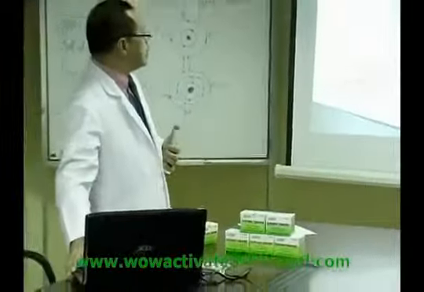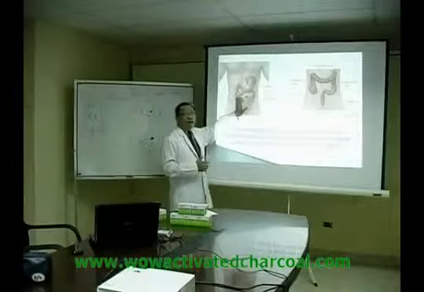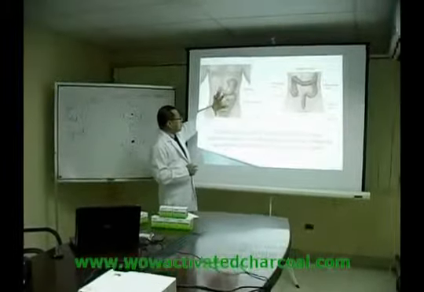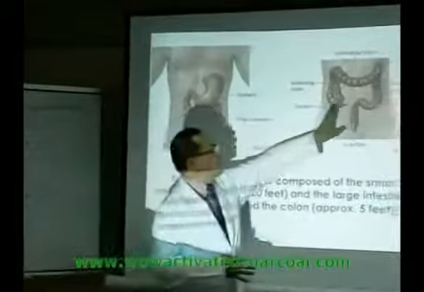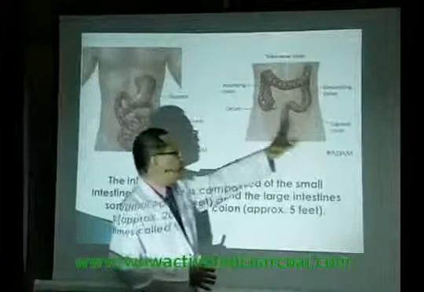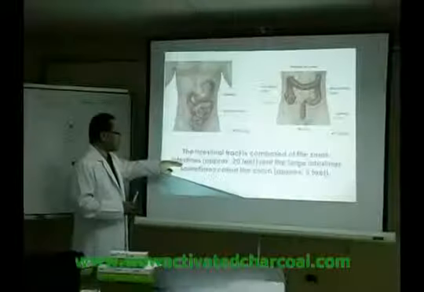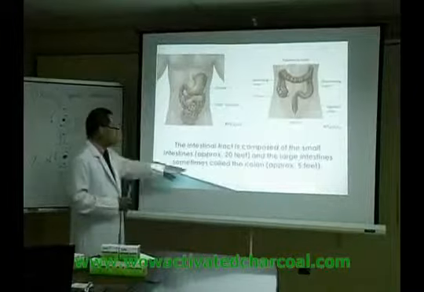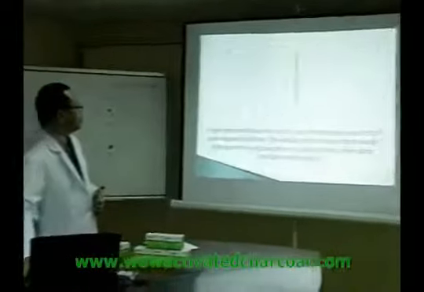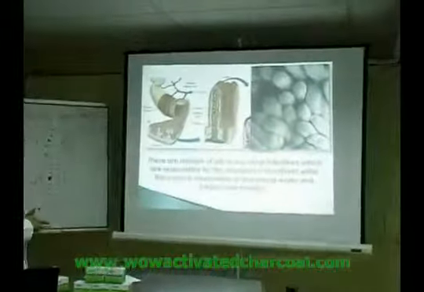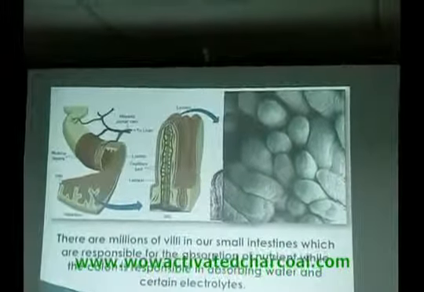So what else? This is the apparent structure of the gastrointestinal tract. First, you have the small intestine after the stomach, and then the large intestine after the small intestine. The intestinal tract is composed of the small intestine, approximately 20 feet, and about 5 feet for the large intestine, which is the target of our activated carbon. Now, what is the importance of activated carbon in this area?